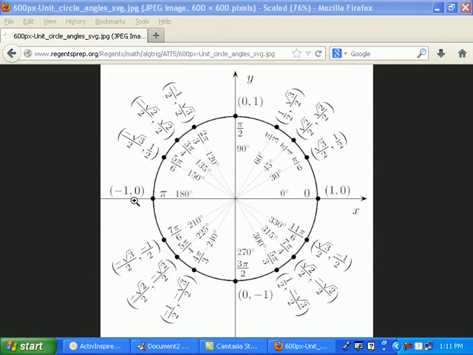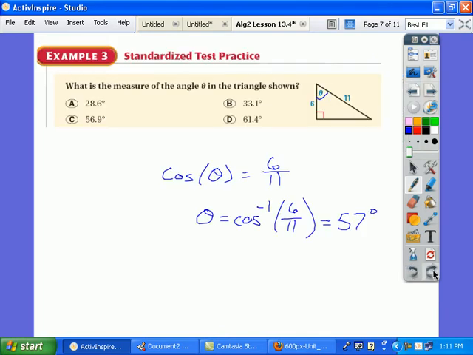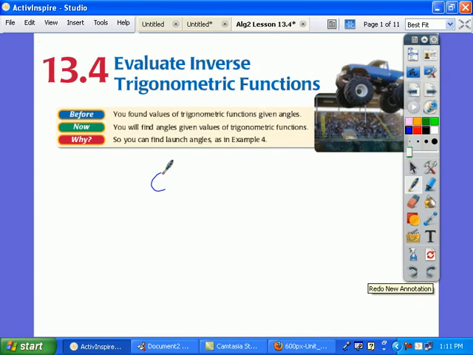So if I were to ask you, for instance, sine of some value, theta, equals 1. And I want to know, what is that theta?